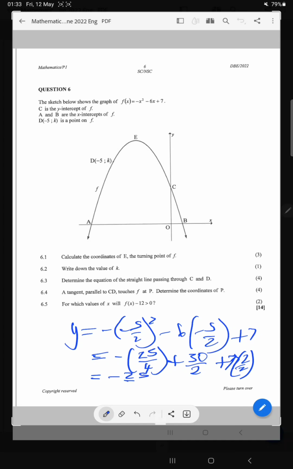Which is going to give us 7, 15 minus 25 over 4 plus 30 over 2 plus 14 over 2, plus 25 over 4, 24 over 2, which will give us in this case 88 over 4 minus 25 over 4.